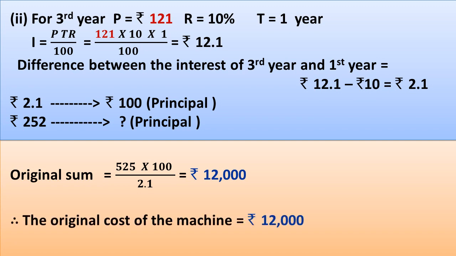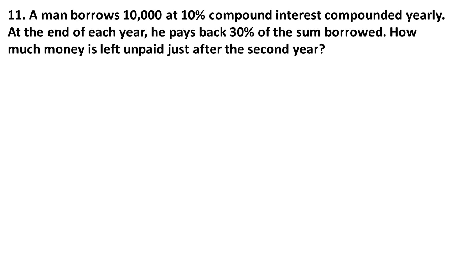Question number 11. A man borrows rupees 10,000 at 10% compound interest yearly. At the end of each year, he pays back 30% of the sum borrowed. How much money is left unpaid just after the second year?